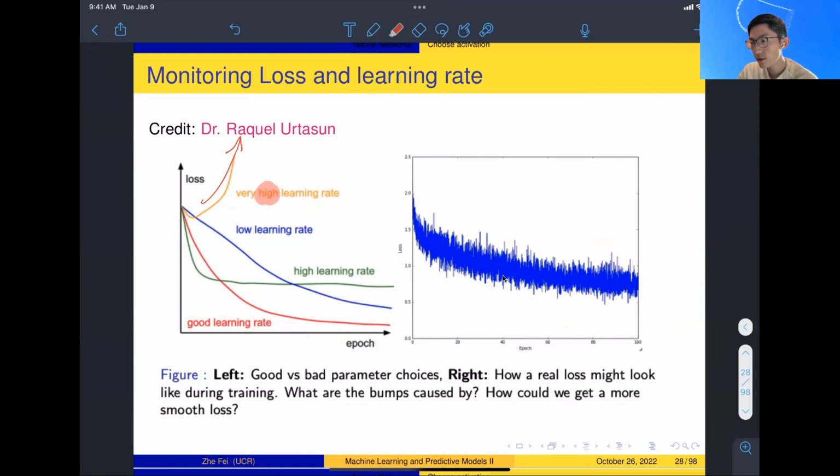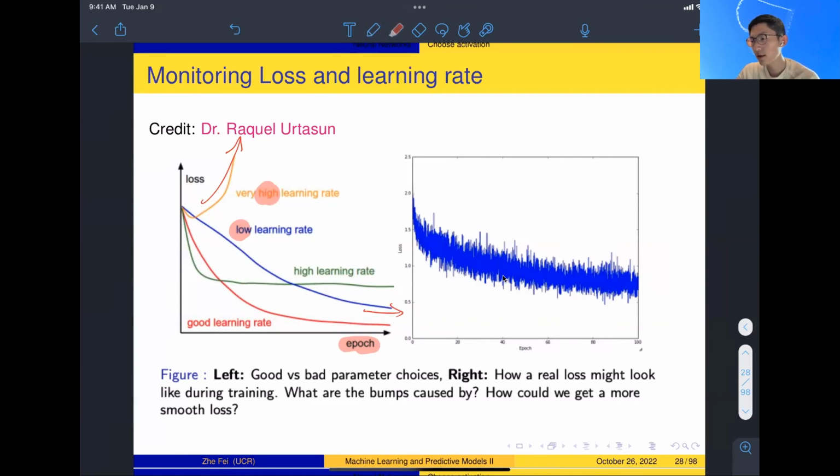And for the low learning rate, it could converge too slowly. Here the number of epochs is essentially your number of iterations. So this blue curve converges much slower, so that even with a large number of iterations, it may not achieve the optimal point either.